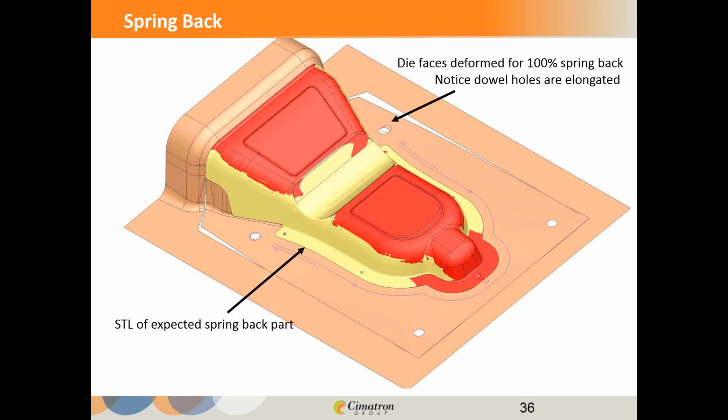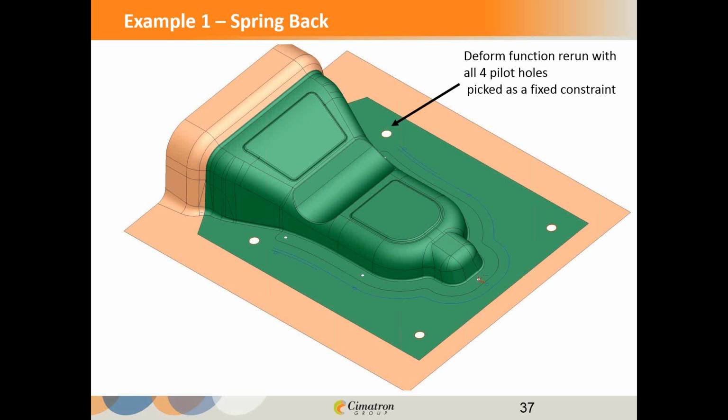In fact, you can see we didn't pick the pilot holes, so you can see where they've moved a bit as well as those part surfaces drawing in while being deformed. What do you think? Do you think we need to include the pilot holes in this? Well, they're not going to move. So we'll pick those now, run the simulation again, run the analysis again, and say this is a fixed constraint, they can't move. Let's see what we get.